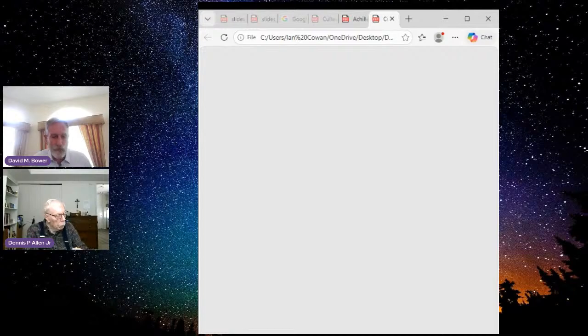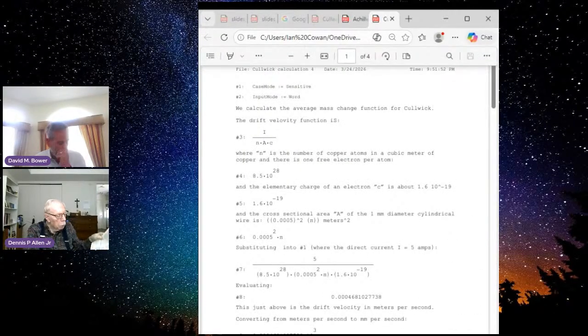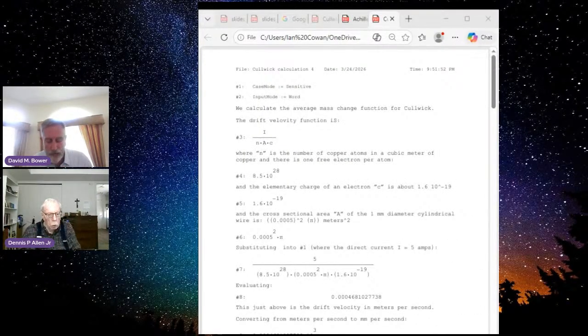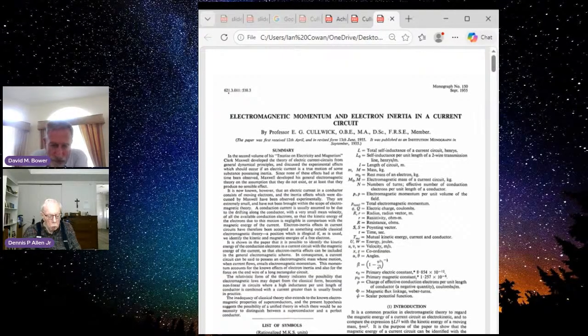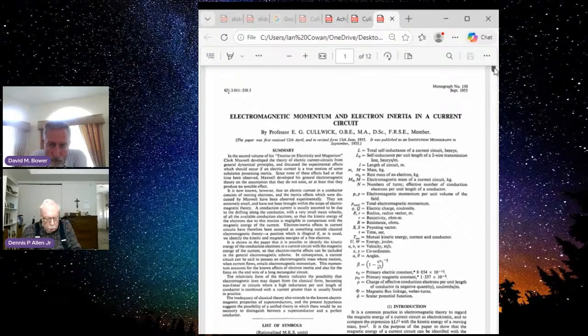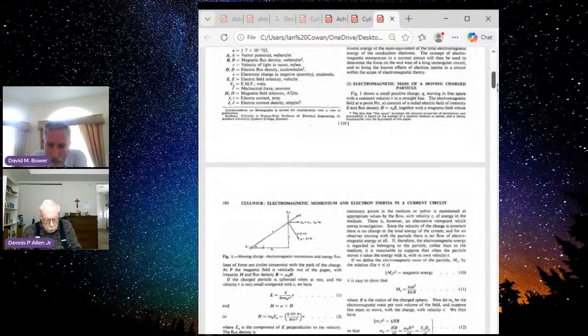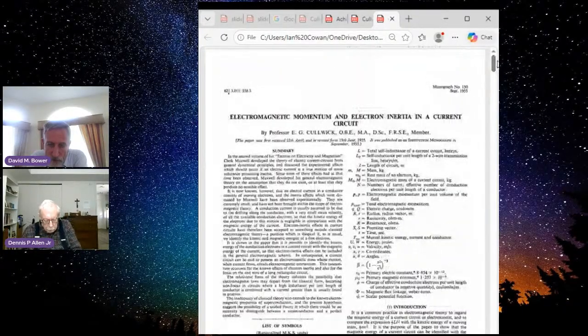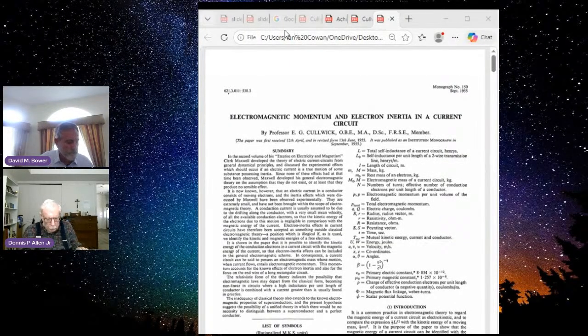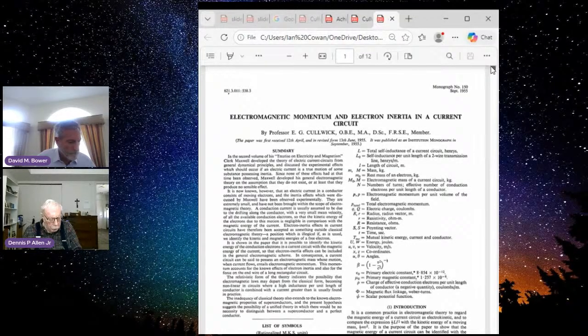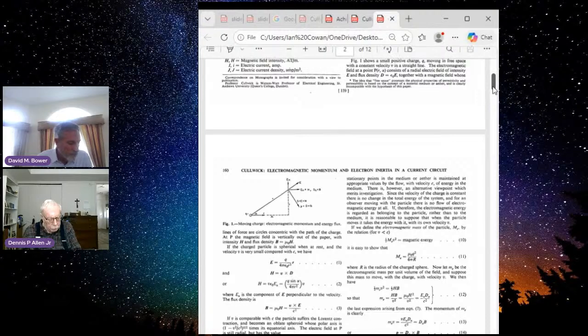So, he almost achieves this, but he's using an incorrect version of the electron, which he models as a sphere. Is that correct, Dennis? Yes, and he apologizes for that too. See if I can find it here. Yeah, on page 161, near the top left.